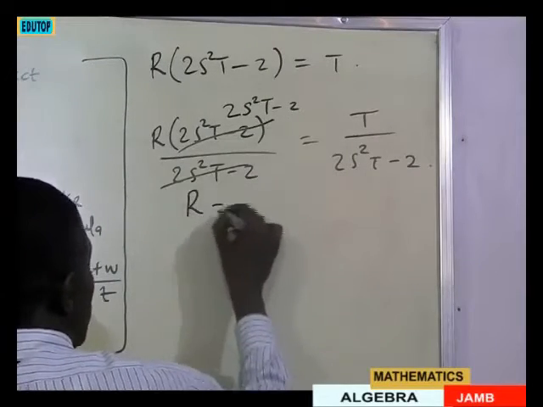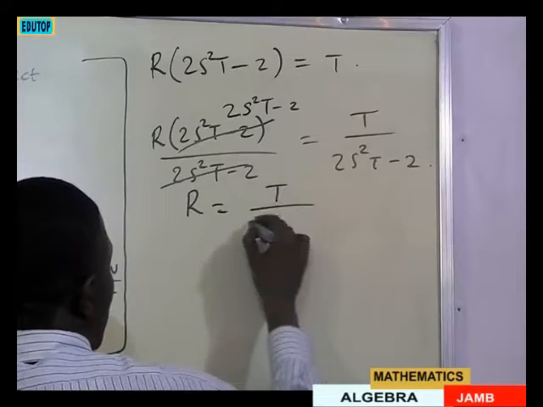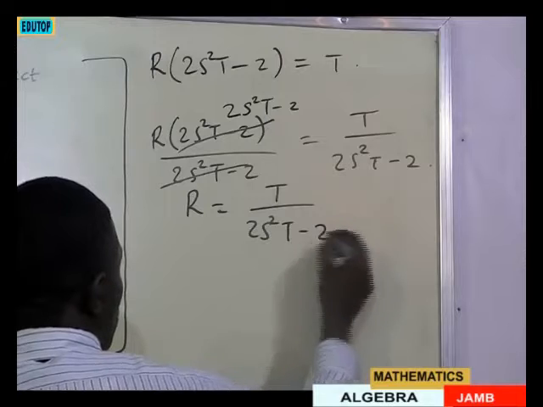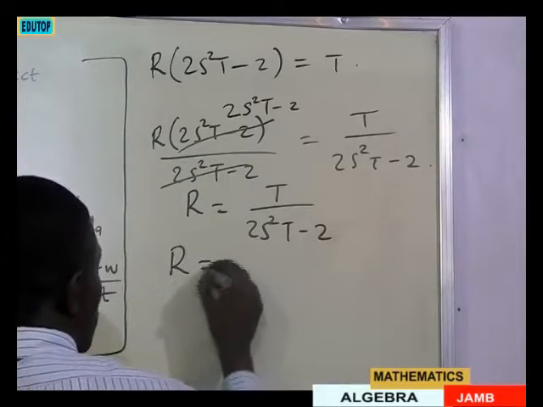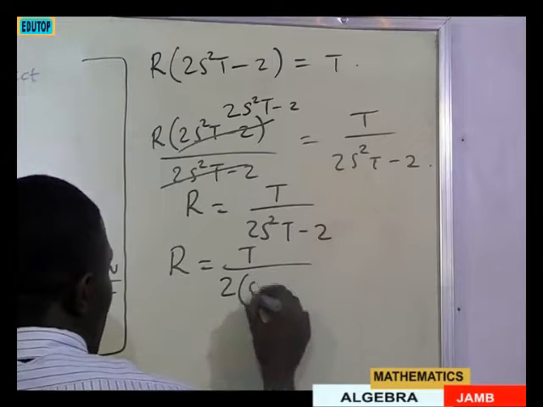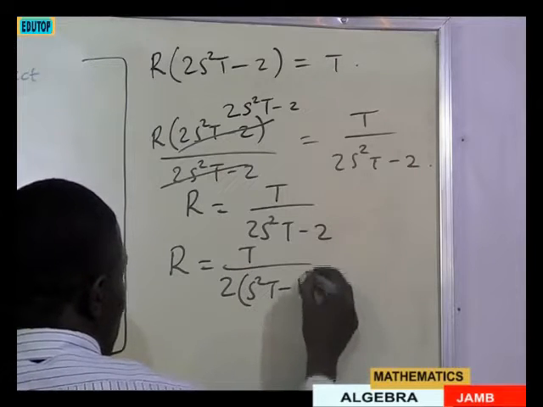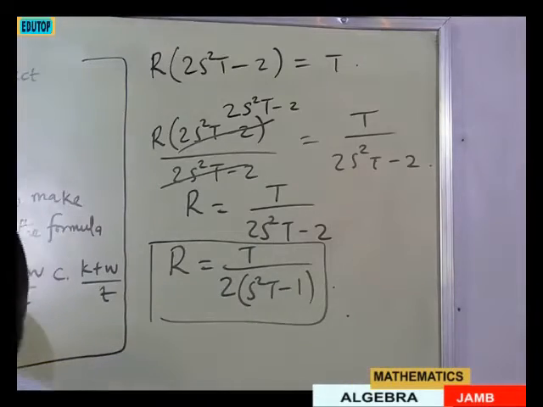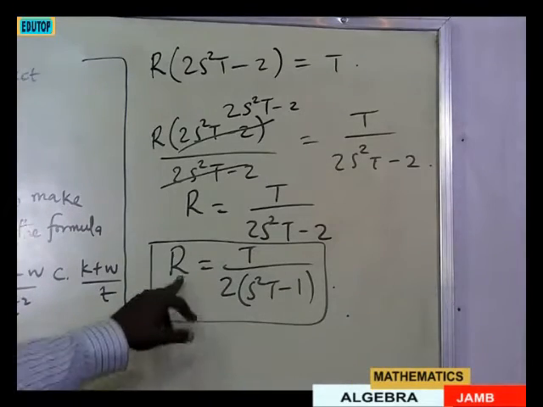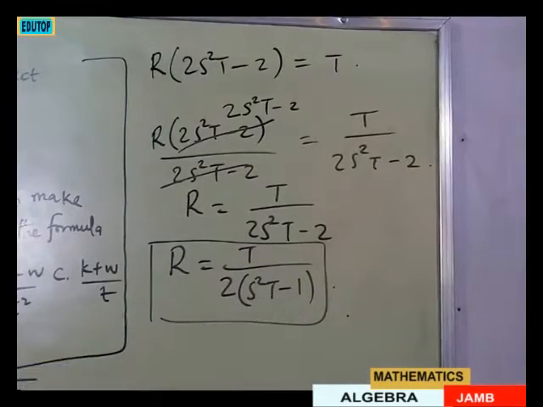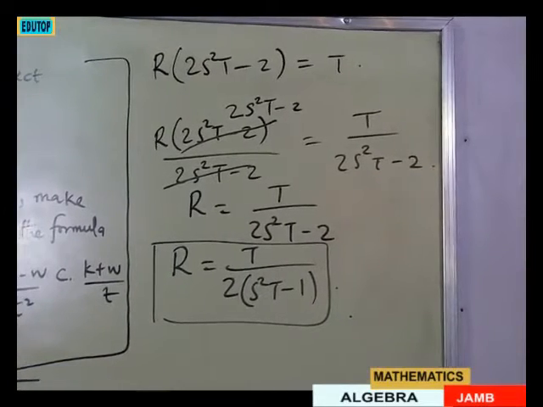Then we'll have R equals T over 2S squared T minus 2. 2 is common here, so we bring the 2 out, and we get R equals T over 2(S squared T minus 1). So this is now the simplified version, and R is now made the subject of the formula.